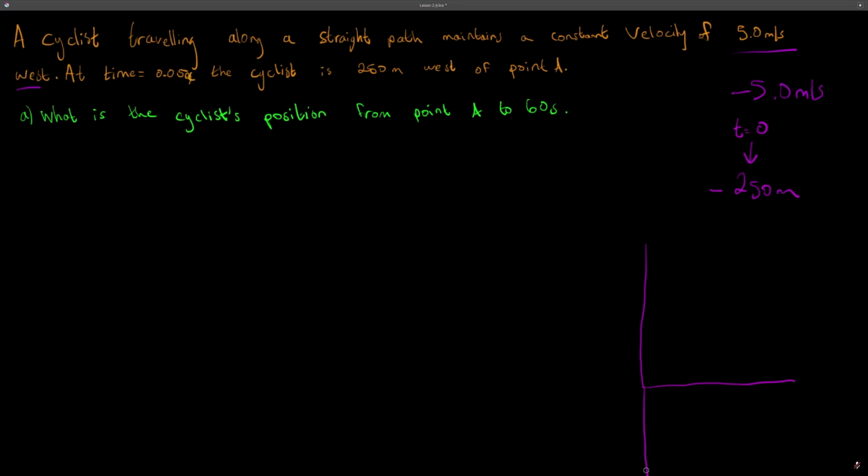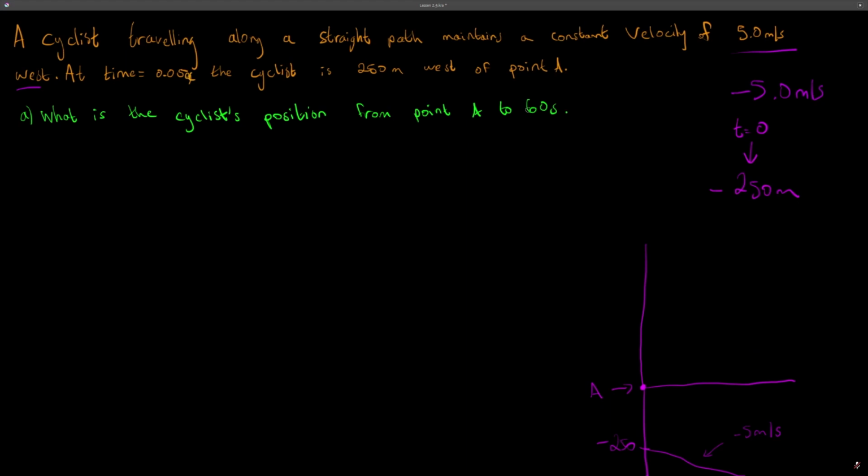So you have the negative values, so it would be around 250 meters to the negative side, while also going with a negative slope. So a negative slope. This slope is negative 5 meters per second. This is negative 250 meters at time, or point A here it says.